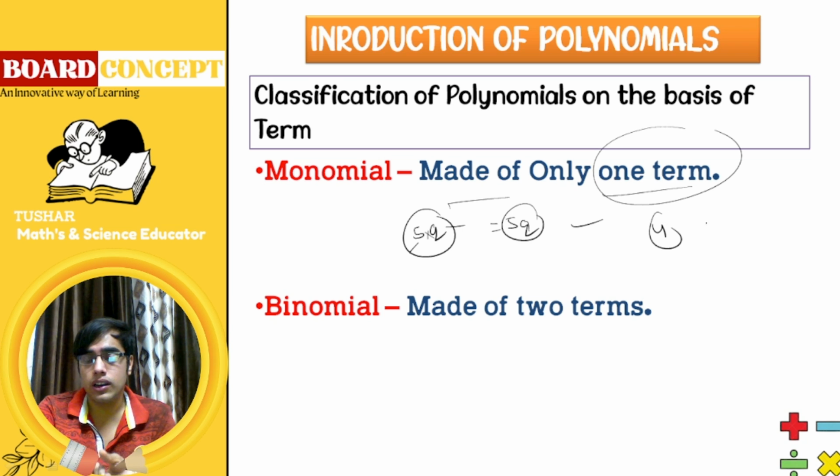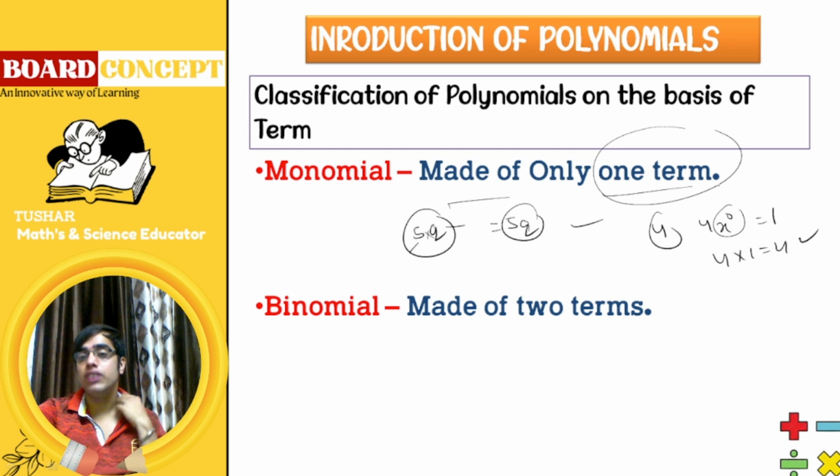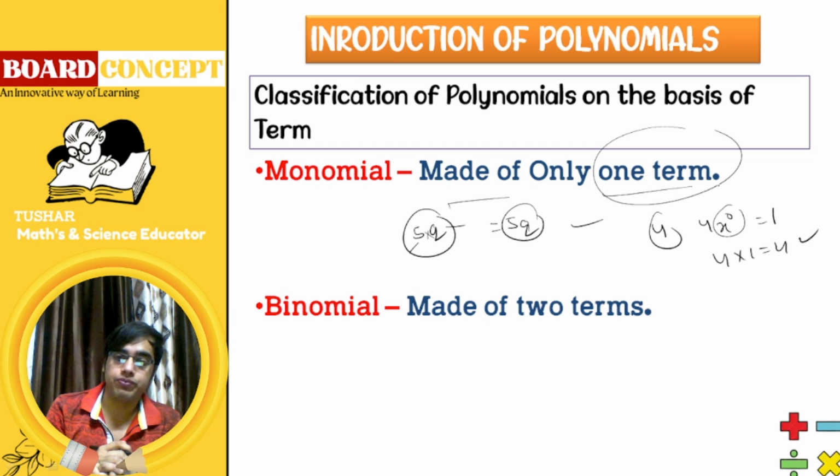But assume that 4 has a variable. 4 is multiplied with variable x, but the power of x is 0. We have already studied in previous classes that if any variable has power 0, then it is equal to 1. So 4 multiplied by 1 equals 4. We can say that a single numeric value is a constant term.